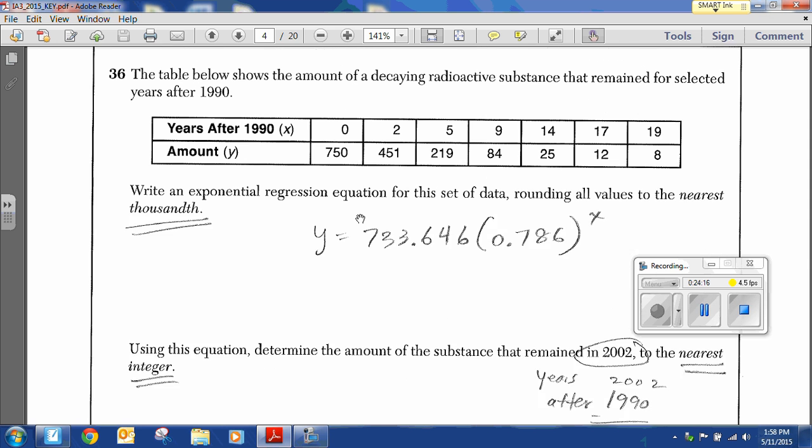Number 36, this is simply plug in the calculator. Write an exponential regression equation for this set of data, rounding all values to the nearest thousandth. Remember, you have to use an equation. y equals 733.646 times 0.786 to the x power.